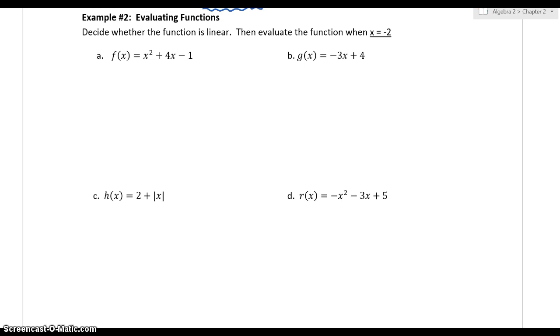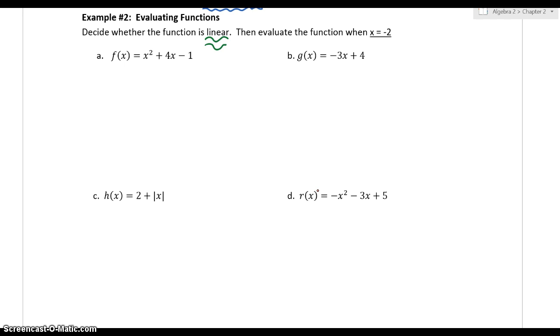Alright, in example number 2 it says decide whether the function is linear. I'm going to help you understand what that means. If I look at all these, I can just say, oh, not linear, oh, linear, oh, not linear, oh, linear, just by looking at the function.